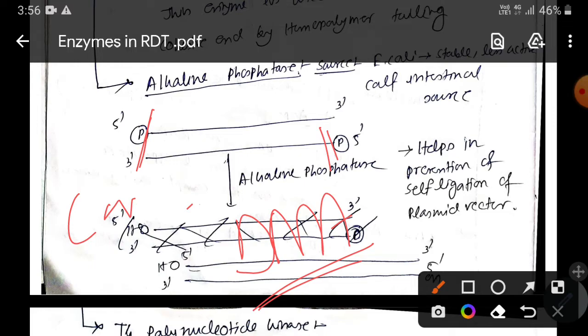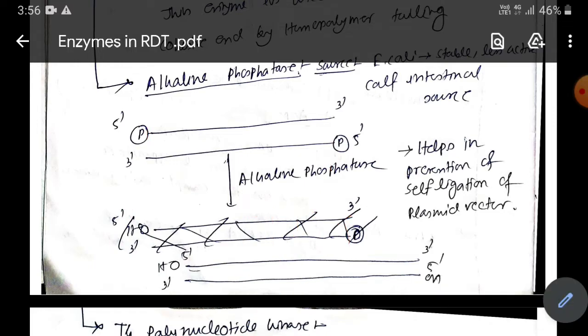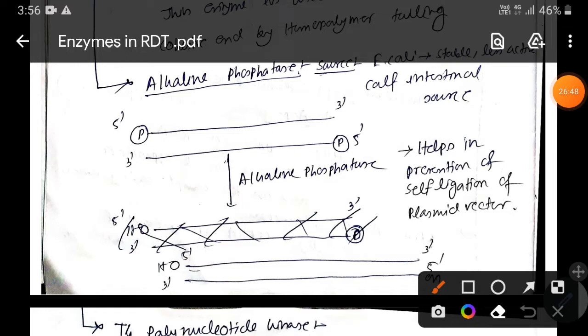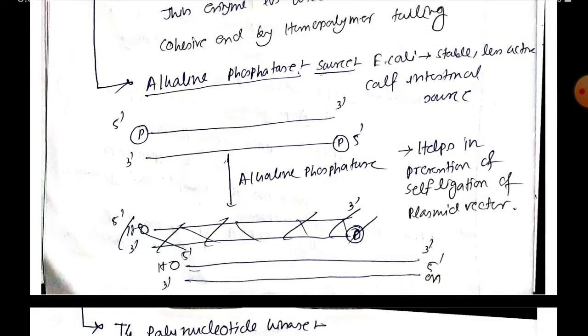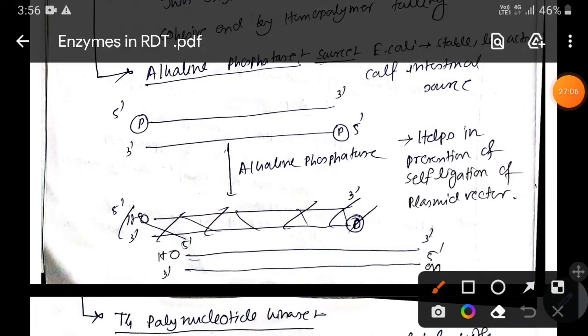We are going to discuss DNA ligation. But as our gene of interest still contains the phosphate group, there will be ligation only between the gene of interest and the plasmid DNA, right? So that is why it helps in the prevention of self ligation of the plasmid vector.